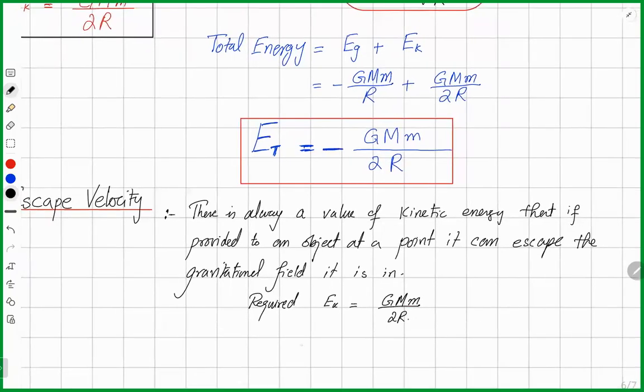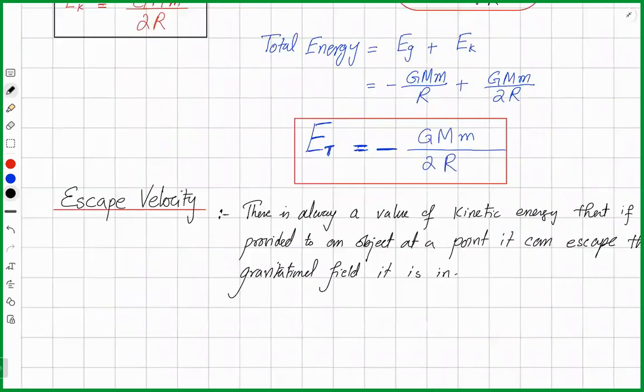And we know kinetic energy comes with formula 1 over 2 m v squared equals GMm over 2r. So 2 cancels with 2, m cancels with m. But just one second, this will be the orbital velocity.